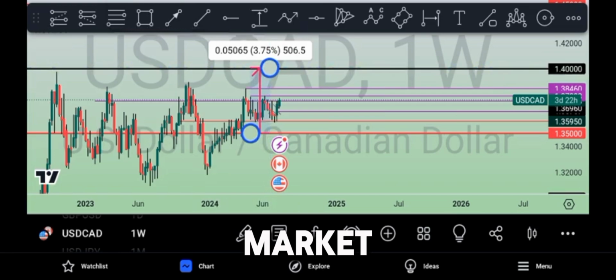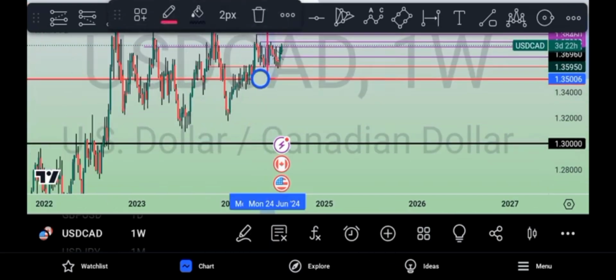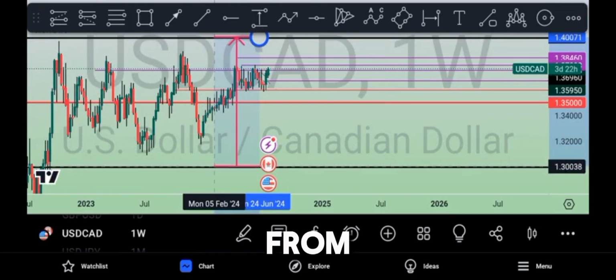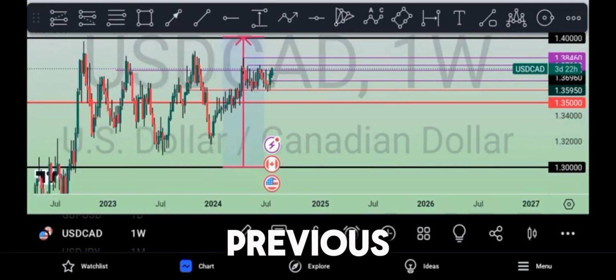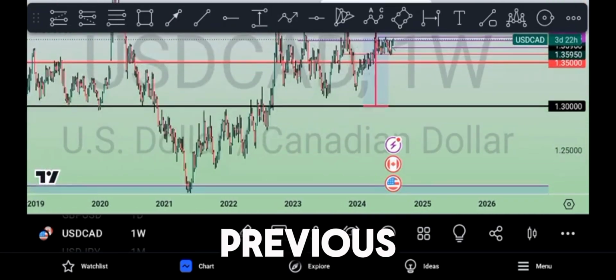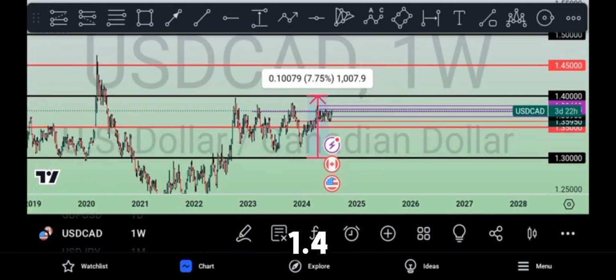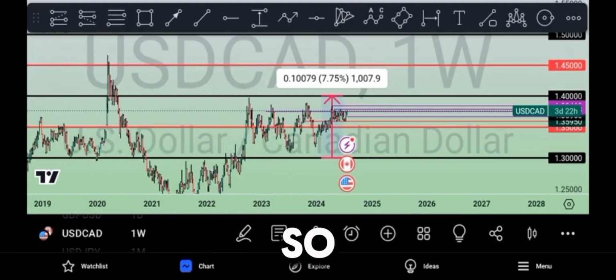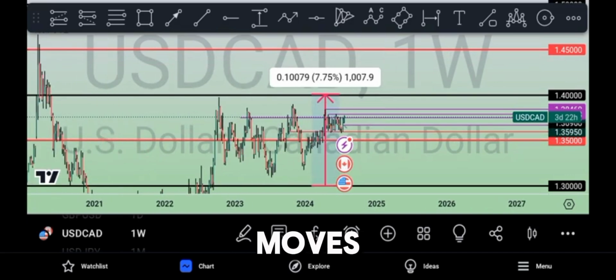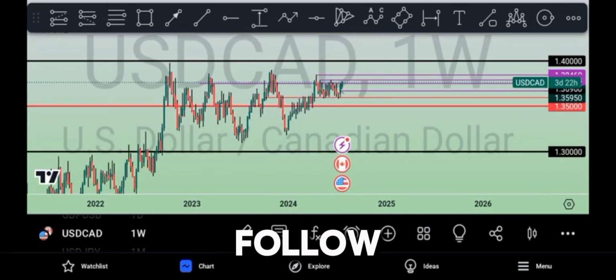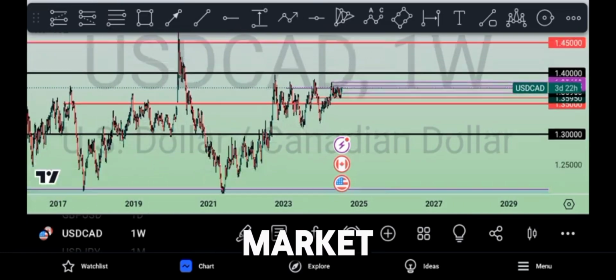It marks the round market cycle because from this previous support level, which is here, 1.3 to 1.4, is 1,000 pip. So each time the market moves 1,000 pip, a consolidation most times follows. That's just a normal market phenomenon.